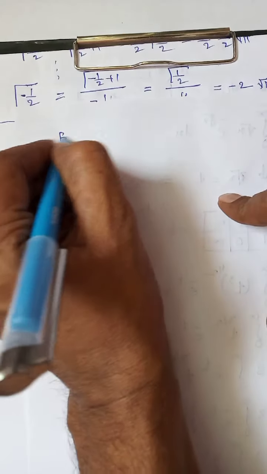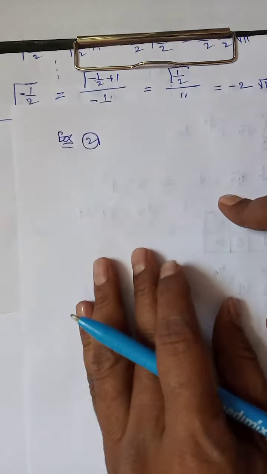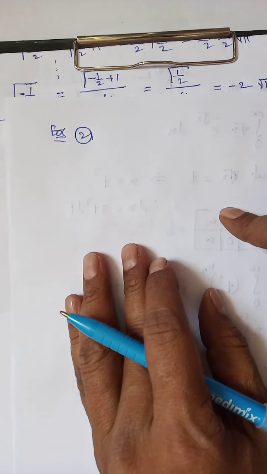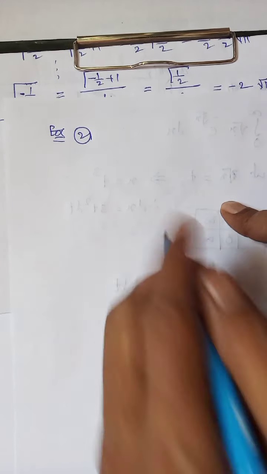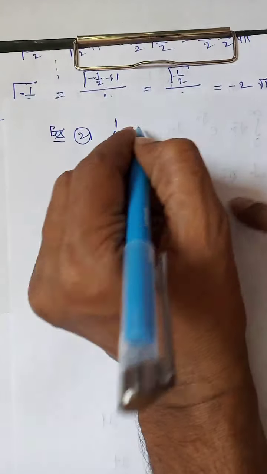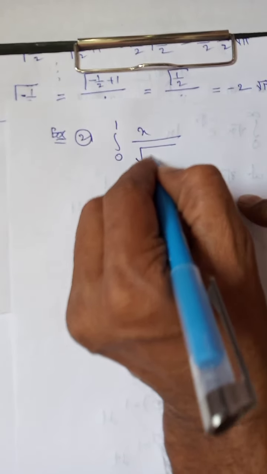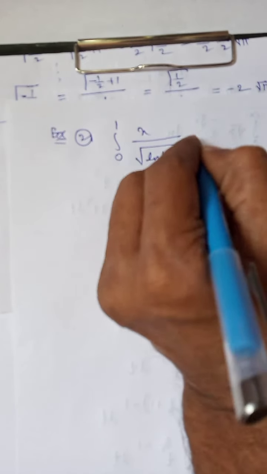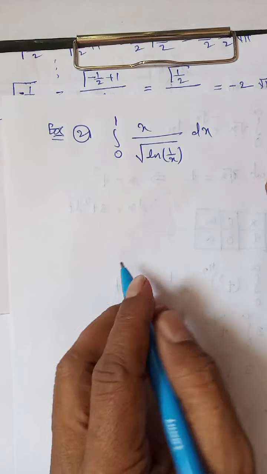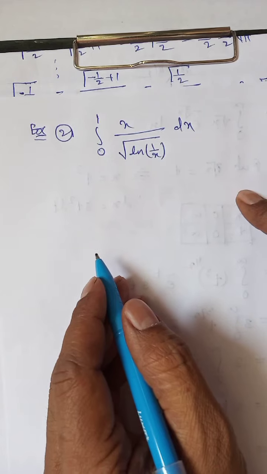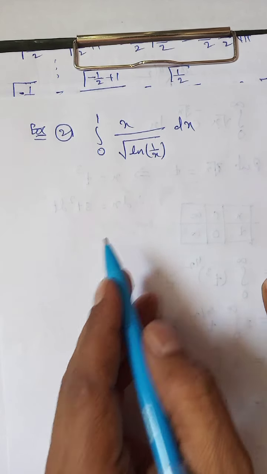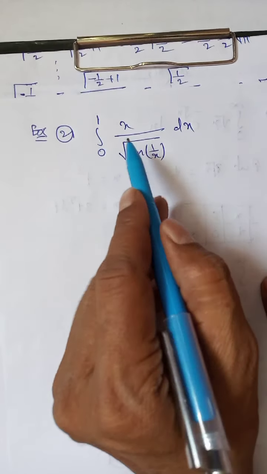This is example 2. Integral from 0 to 1 of x divided by root of log 1 by x dx, ln 1 by x dx. So see, to use the gamma function, what should your integrand function be?